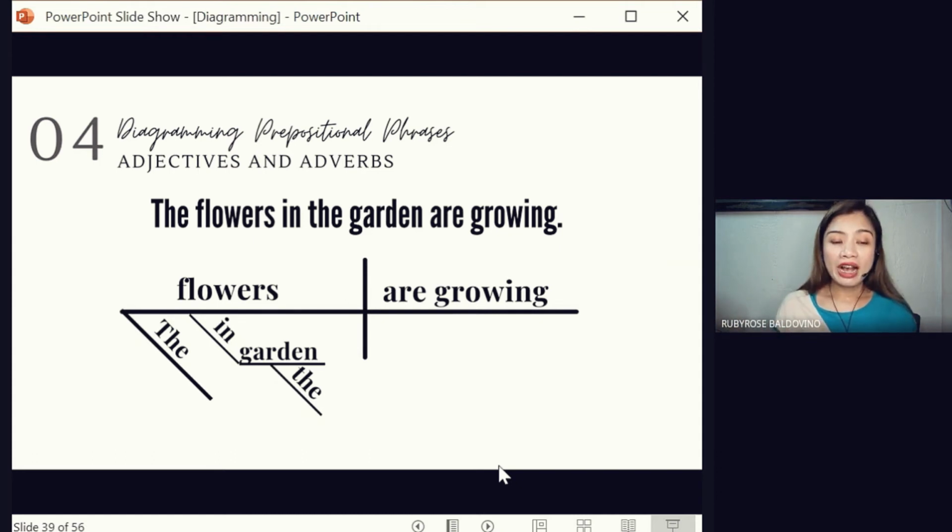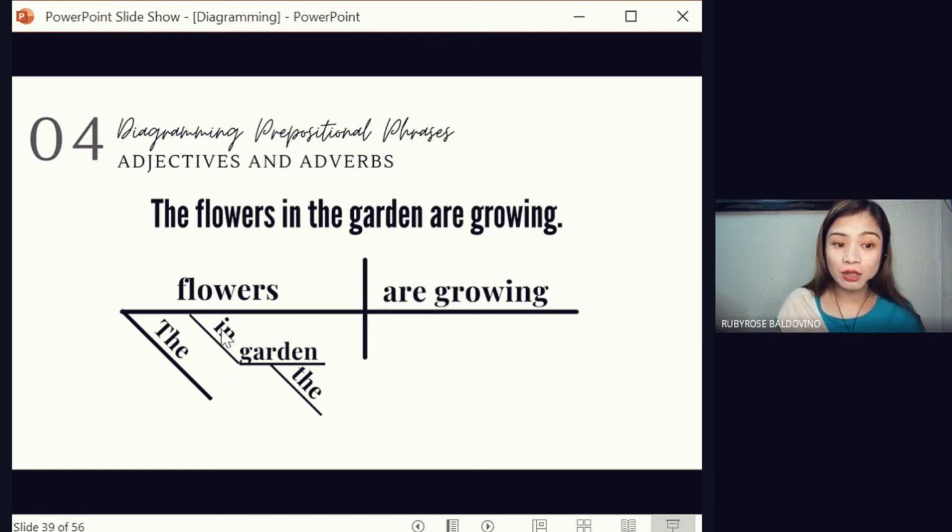Now, we have the article the, we have to put it on a slanted line below the subject. And we have the prepositional phrase in the garden. So in is our preposition. So we have to put the preposition on a slanted line under the noun that it modifies.